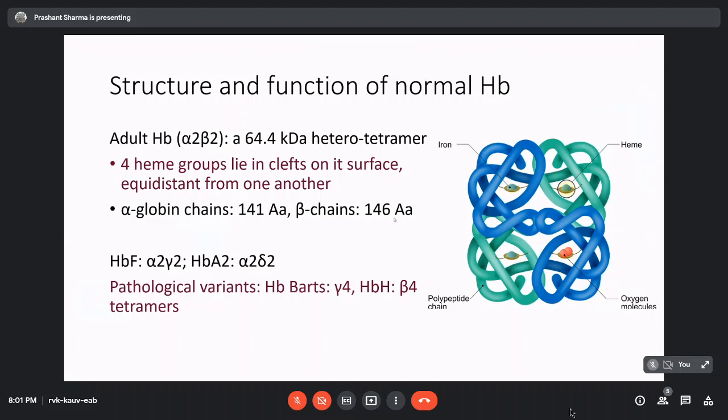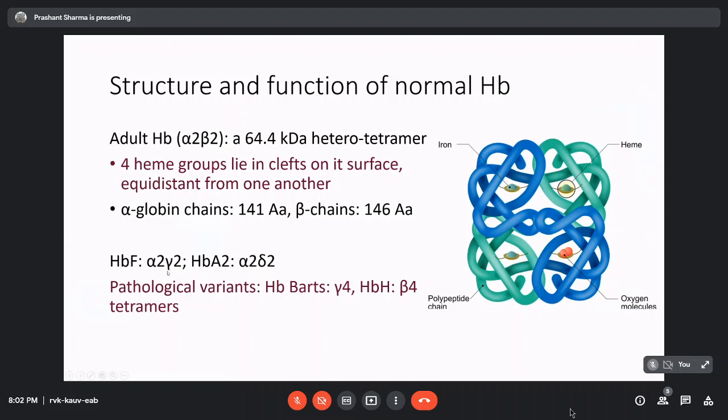At this point, I'd like to mention that these chains have an evolutionary history. They have arisen from a single common ancient gene, which underwent gene conversion and gene duplication events, which is why all globin genes and consequently the globin chains share a lot of structural homology with each other. So, to this audience, I'm sure it's well known that if adult hemoglobin was alpha 2 beta 2, then HbF is alpha 2 gamma 2, and HbA2 is alpha 2 delta 2.